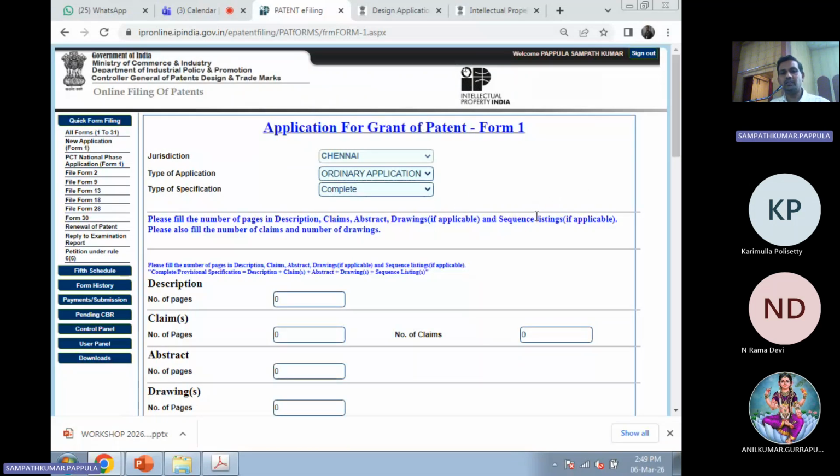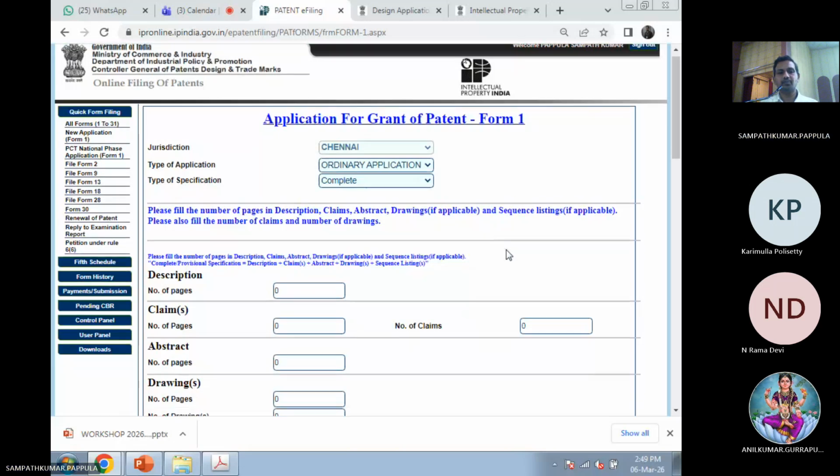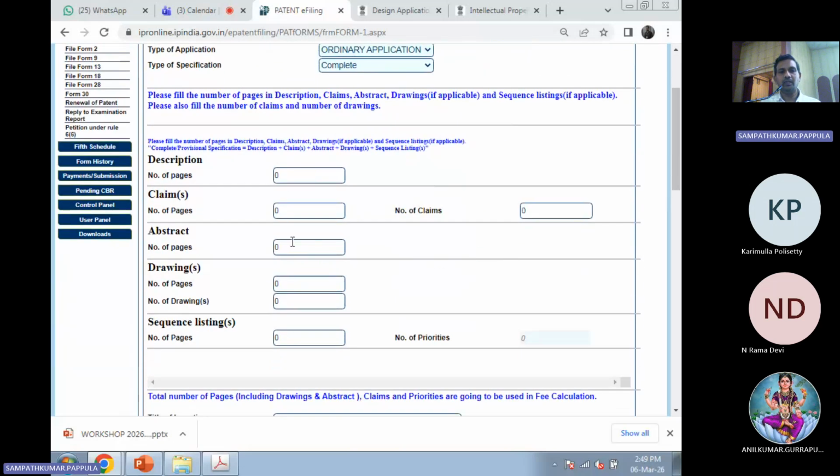Type of specification is complete specification. So here finally the description. In your idea, how many total pages are there? You have written something in your paper; let us assume, in your paper, how many pages are there? 10, 6 or 12, whatever it may be. You need to mention it here.